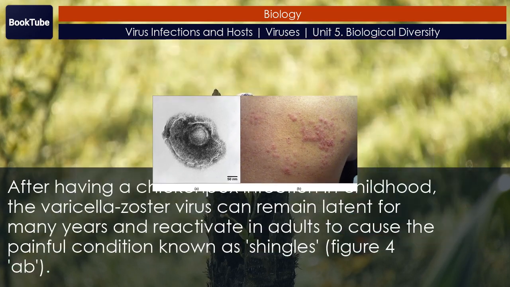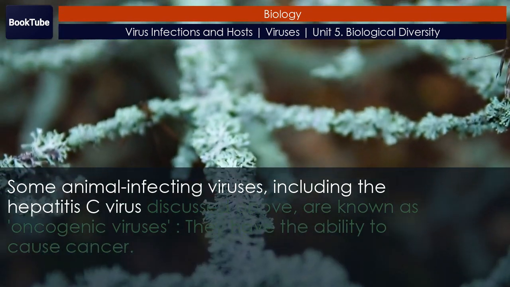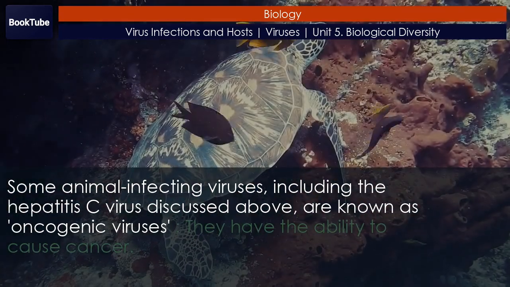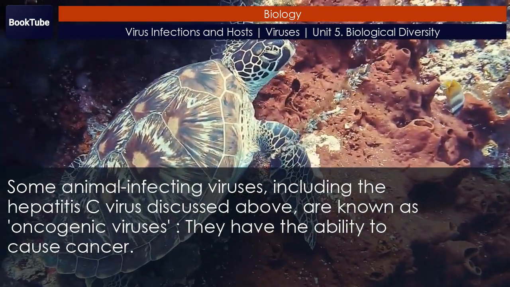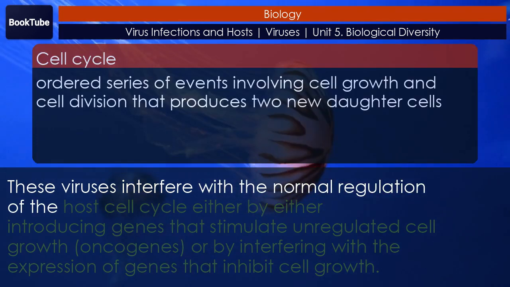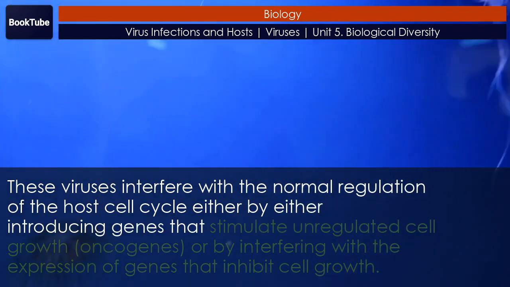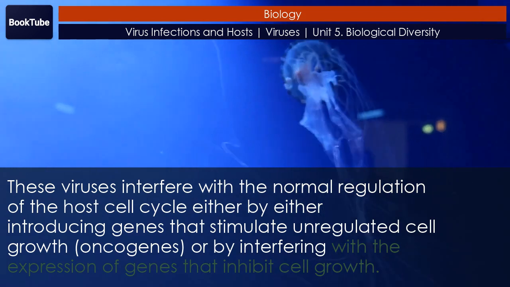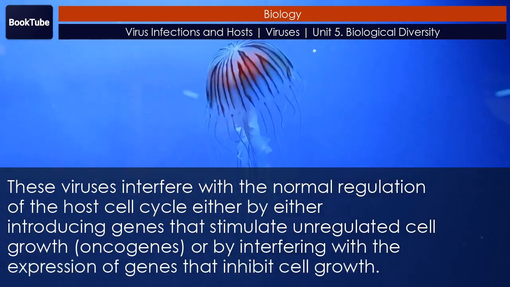Figure 4, A B. Some animal-infecting viruses, including the hepatitis C virus discussed above, are known as oncogenic viruses. They have the ability to cause cancer. These viruses interfere with the normal regulation of the host cell cycle either by introducing genes that stimulate unregulated cell growth, oncogenes, or by interfering with the expression of genes that inhibit cell growth.